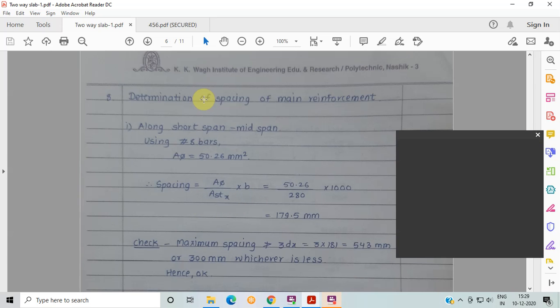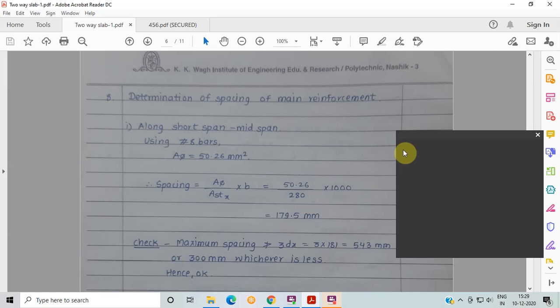When the percentage of steel is less than 0.3, that means it is on this side, on the left hand side. It means on the left hand side the modification factor is on the higher side. So if the modification factor is on the higher side, obviously required depth is even less. That means for the check, if PT is less than assumed PT, then easily you can say that the check for deflection is safe.